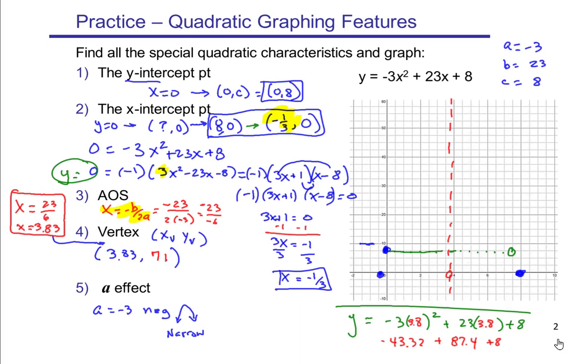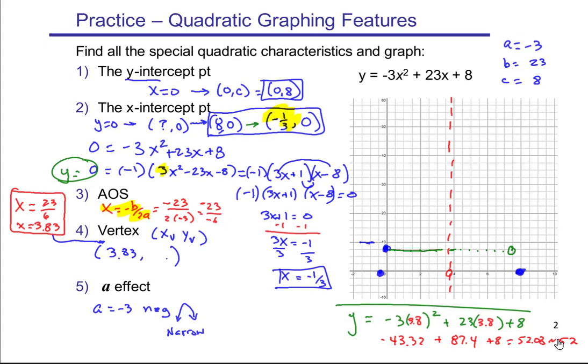And when we add up all those numbers, you should get 52.08. And I'm just going to say that's 52. So with the 52, let's plug in our points here. And so we've got 3.8, comma 52. That is our vertex point.